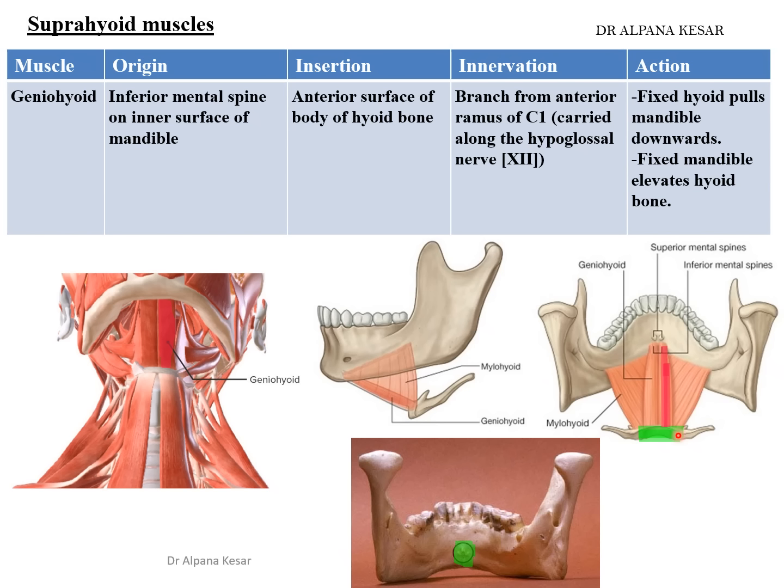The action of the muscle: when the hyoid bone is fixed, it helps to pull the mandible down, thus it helps to open the mouth. When the mandible is fixed, it helps to elevate the hyoid bone. The innervation of geniohyoid muscle is by a branch from anterior ramus of C1. The fibers are distributed by hypoglossal nerve.